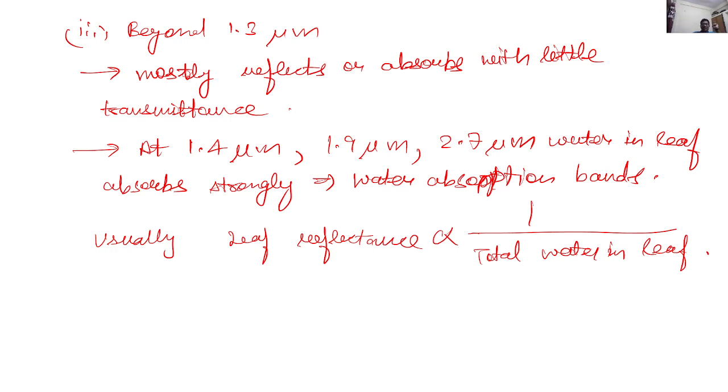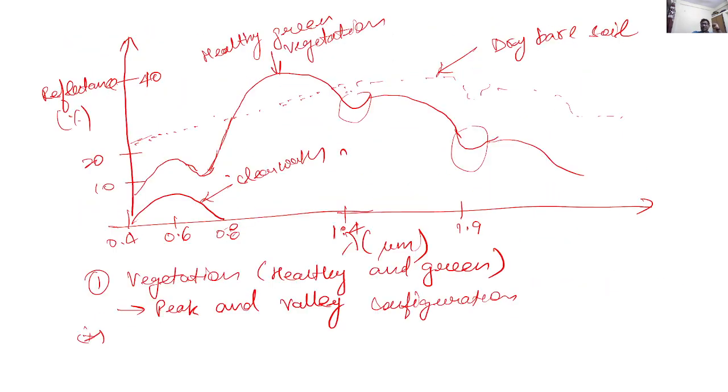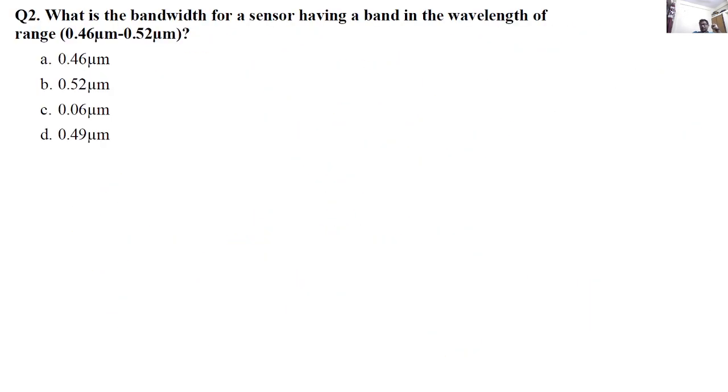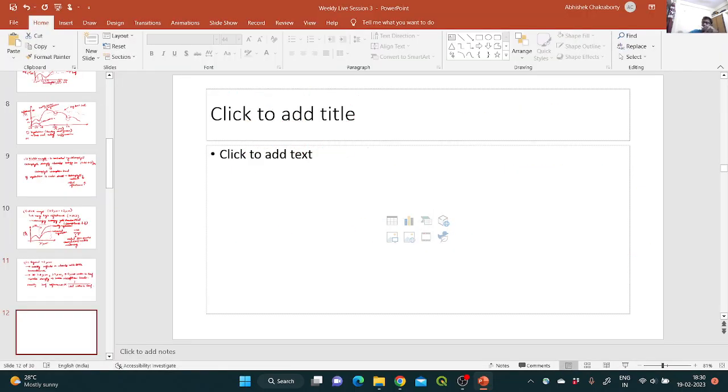So, we discussed everything about the vegetation, a healthy green vegetation for the time being. Let's move to the second major land class, that is dry bare soil. Dry, bare, brown colored, loamy soil.